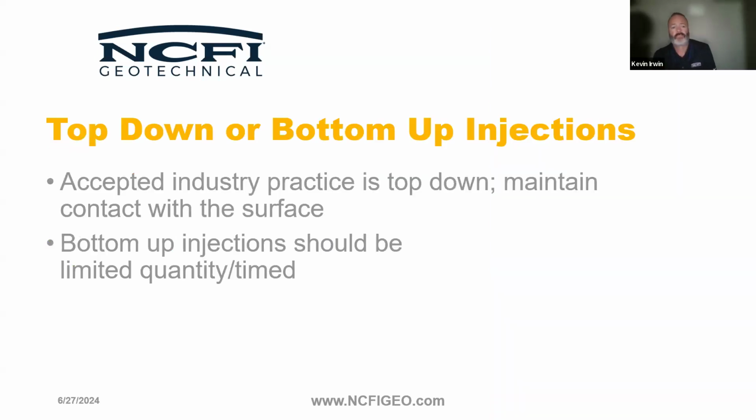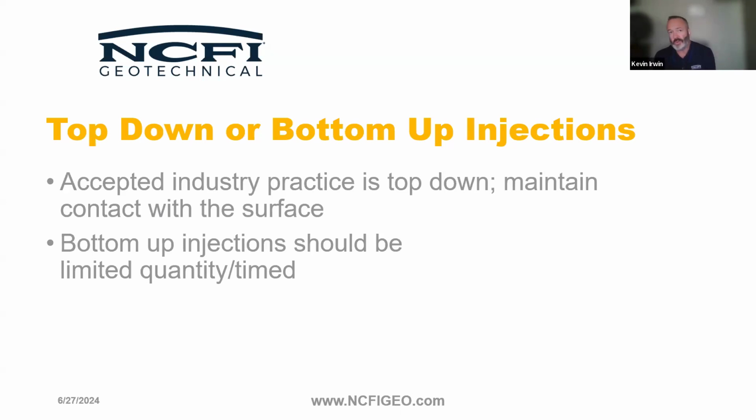The process of deep injection: accepted industry practice has always been top-down injections. The original idea was designed as a top-down approach, so that we always maintain contact with the surface.